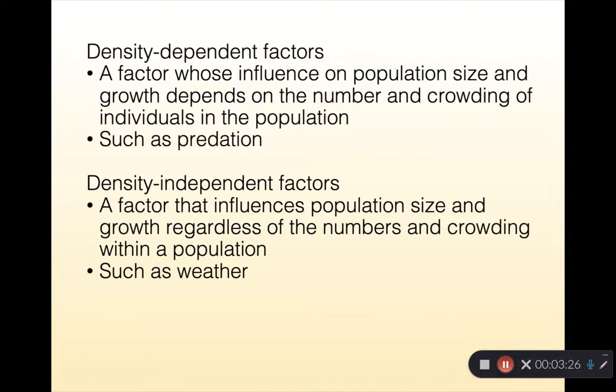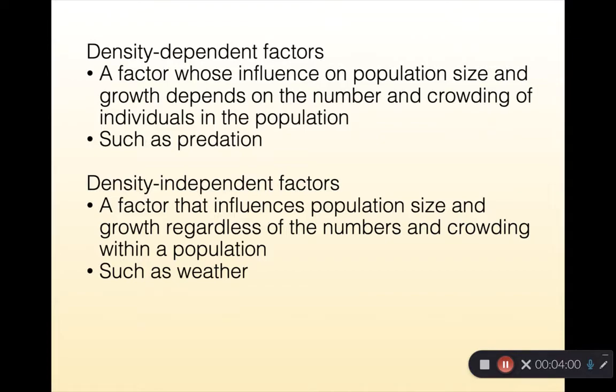A density-independent factor, however, are things that influence a population that have nothing to do with population size. So density-independent factors are factors that influence your population size, but don't depend on how big that population actually is.